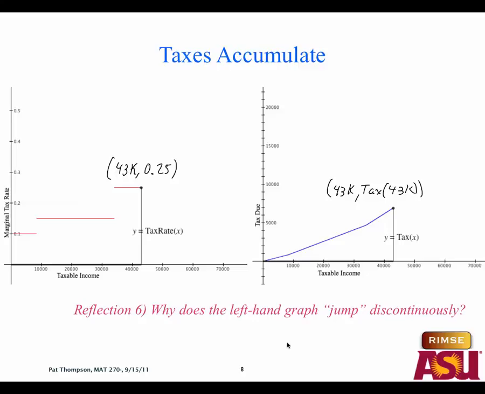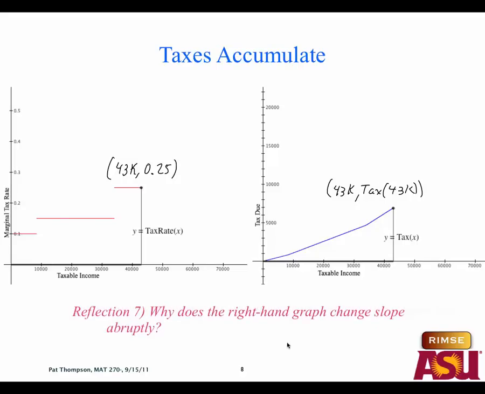Until we get to the end of the bracket, we earn the next dollar at the break point of the bracket, and suddenly we owe at a higher rate. And so that's why we get these changes in slope. We know the slope is the constant rate of change. So if we get a jump in the constant rate, we're going to get an abrupt change in slope on the quantity, in this case tax due.